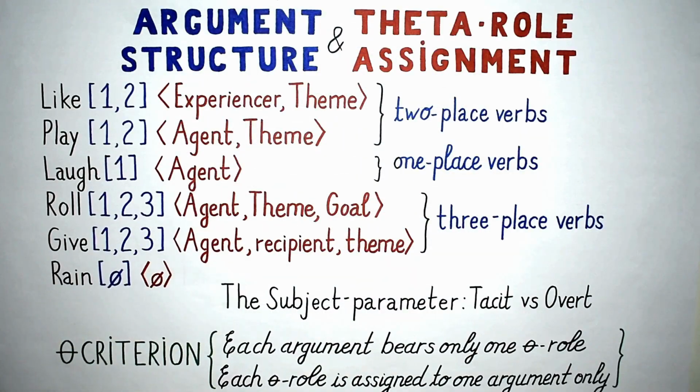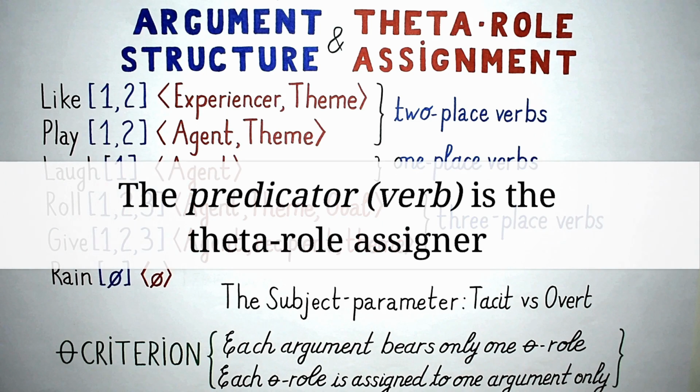Last class we also said that there are theta role assigners and theta role assignees, and let us quickly review that. What we stated is that, again, in our sentence I like tennis, the verb, or predicate, predicator, is a theta role assigner. That is the entity that will assign theta roles to its arguments.